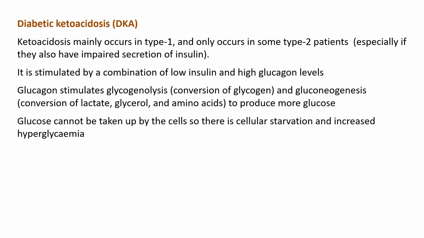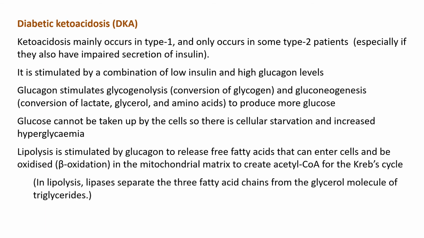Of course, this glucose can then not be taken up by the cells either, so we have cellular starvation and we have increased hyperglycemia. Now, if you remember, we said in high hyperglycemia that's sustained, eventually glucagon will stimulate lipolysis, the breakdown of fats.